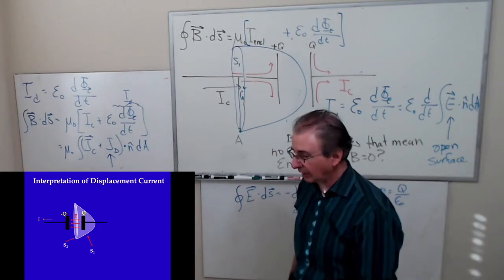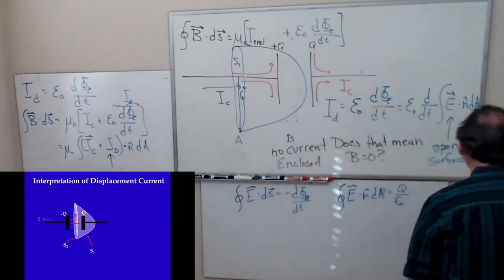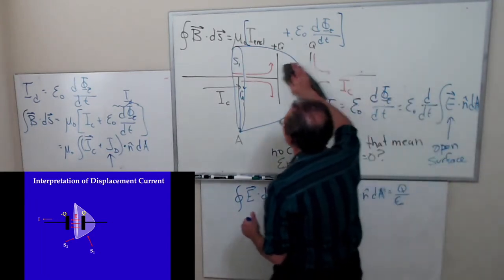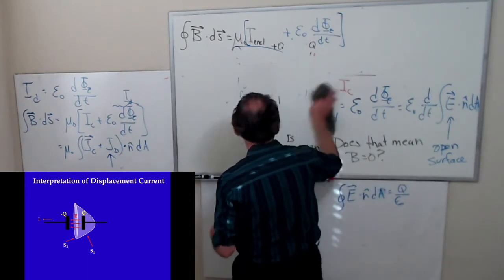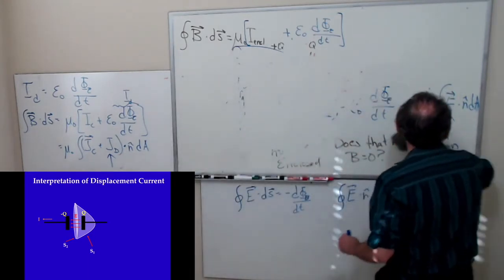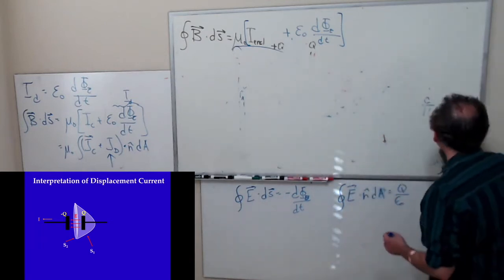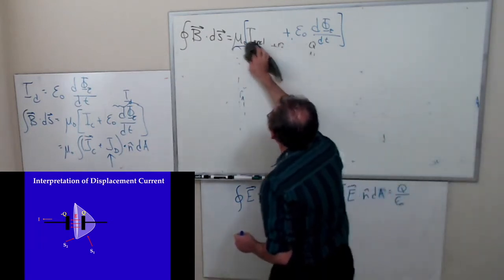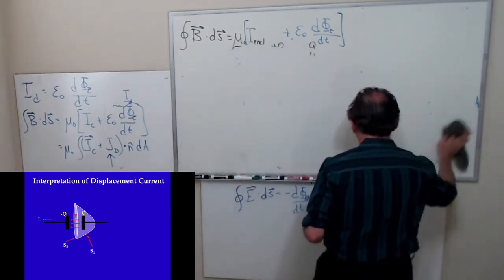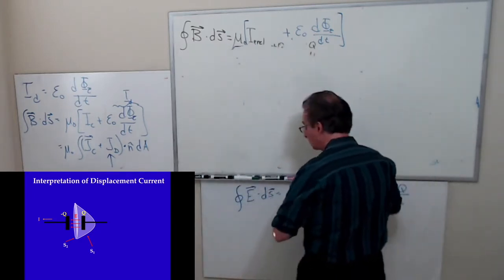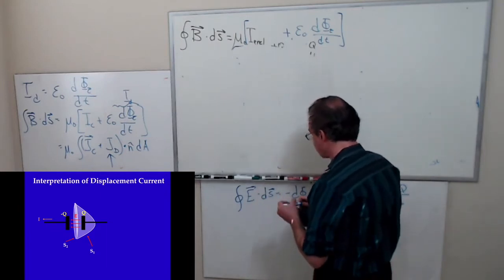So let's take a look at surface, and for some reason in my notes I changed the orientation of everything. So let me draw a picture that's consistent with my notes. Let me draw a capacitor again.